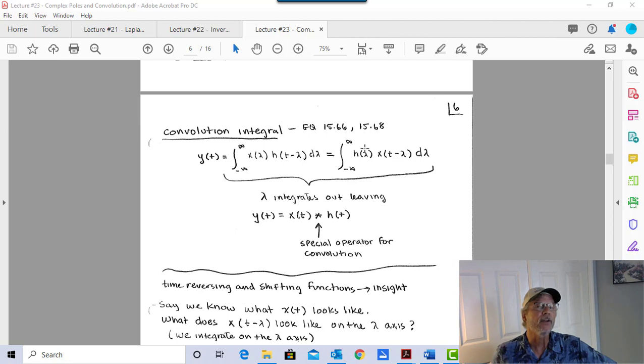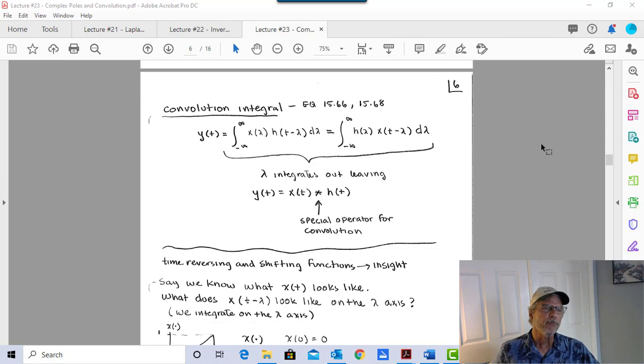So what we're going to do is break this integral down so that you can actually get a feel for what it really means. The best way I know to do that is graphically. And once you understand it graphically, then you'll see it the way I do, which is through the lens of a finite impulse response filter. That sounds a little far-fetched right now, but hang with me and you'll get it.